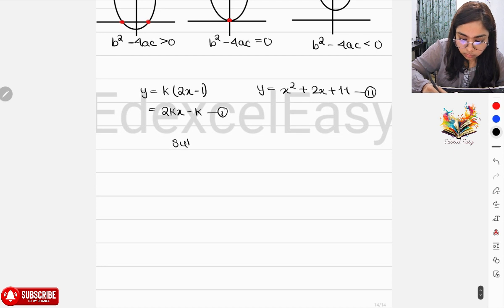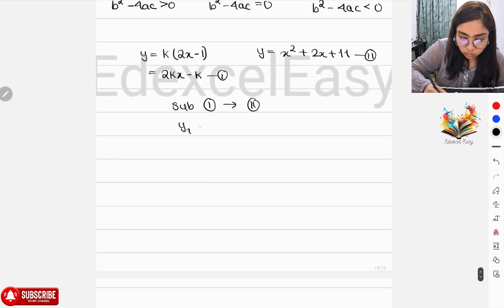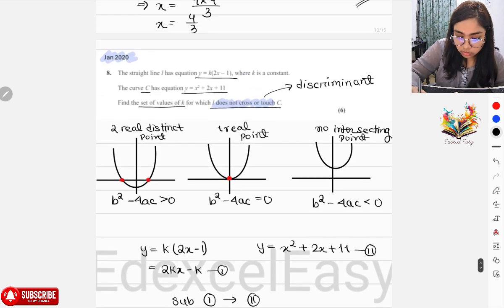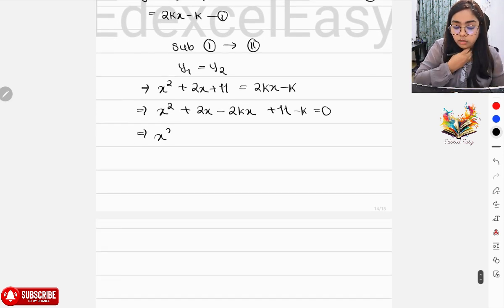So what I will do is substitute the first equation into the second equation, and this will be y1 equals y2, which is basically x squared plus 2x plus 11 on the left, and on the right hand side you'll have 2kx minus k. I just take everything to the left hand side, so you have x squared plus 2x minus 2kx plus 11 minus k equals 0.